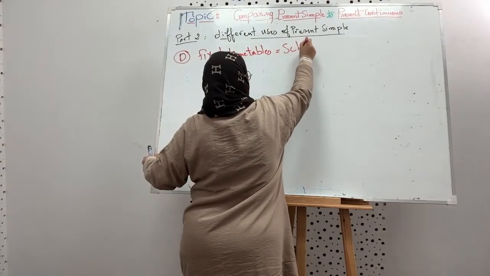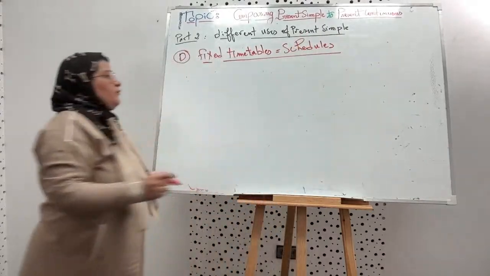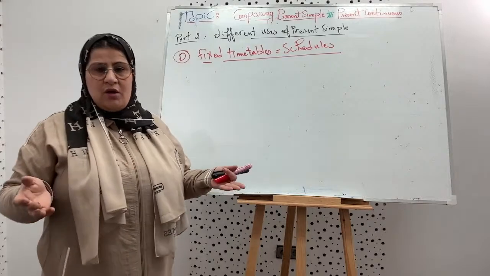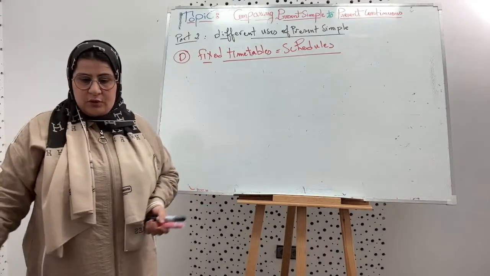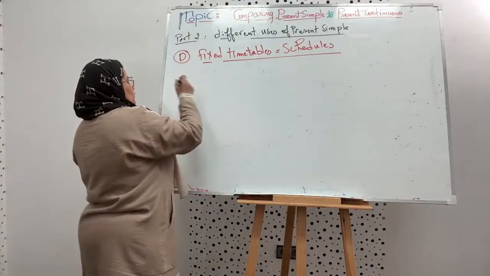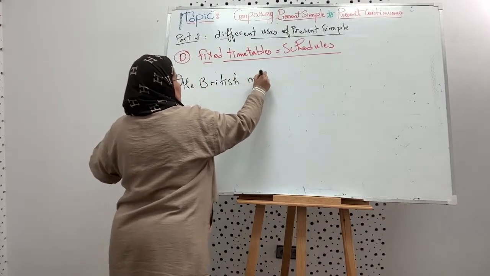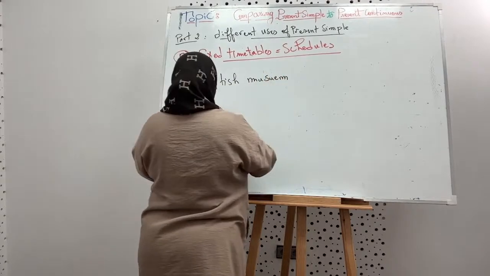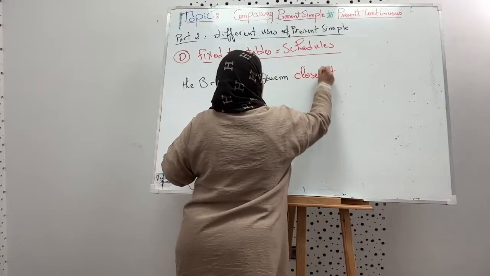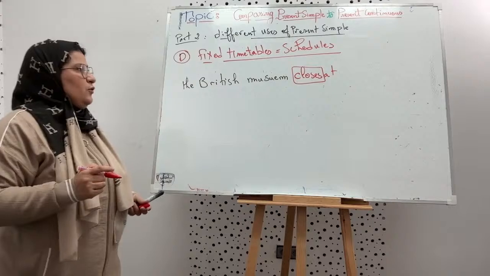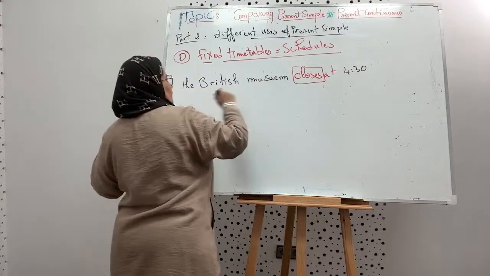For example, we say banks in Morocco open at 8:30 and close at 4:30. And the British Museum closes at 4:30 every day.